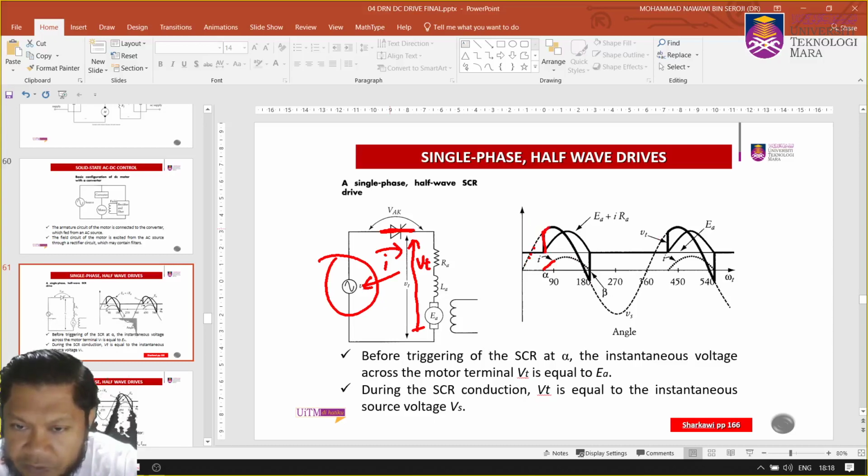It will continue to follow Vs until the current goes to 0, at beta, the extinction angle.